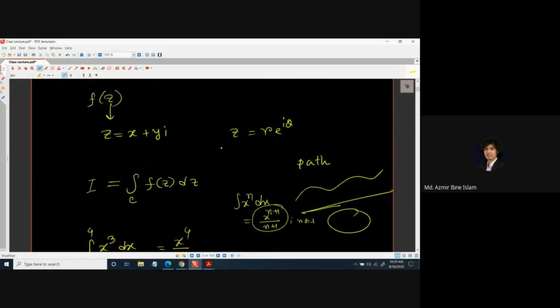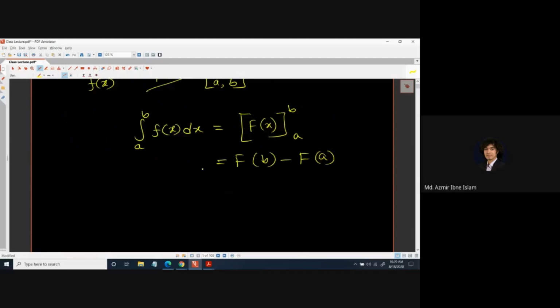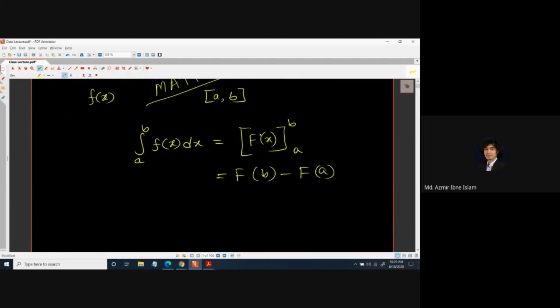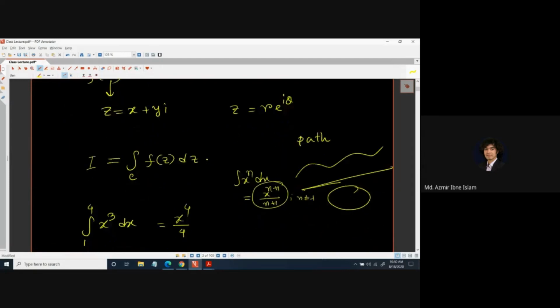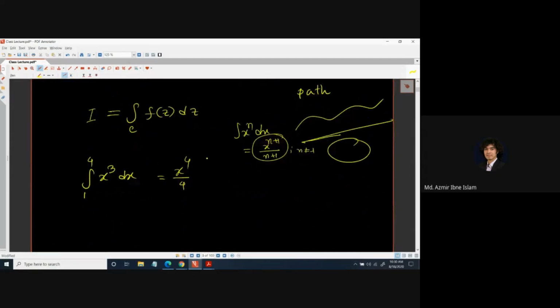By the fundamental theorem of calculus, if we have the antiderivative, then we need to input the upper limit in the antiderivative, minus the lower limit in the antiderivative.